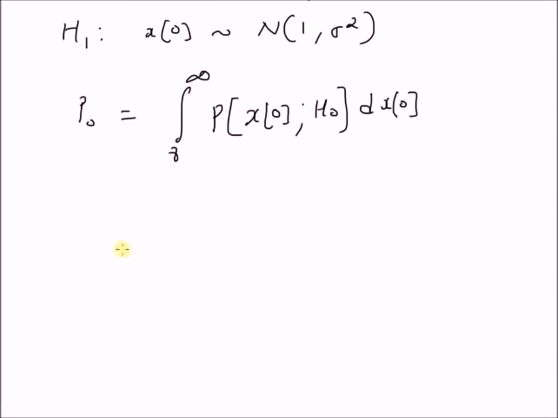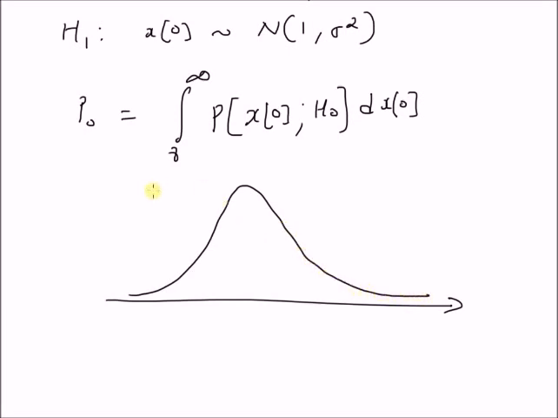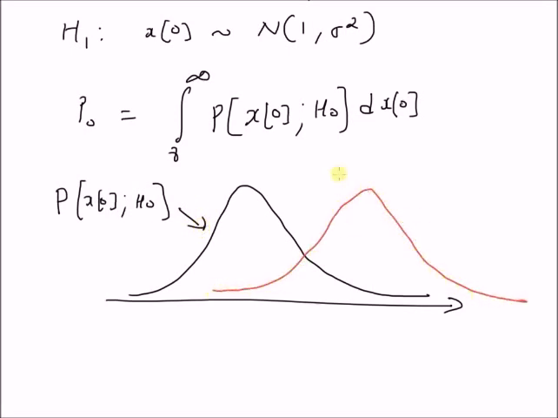Graphically, this can be represented as follows. Assume that this is the probability distribution under the null hypothesis H0, and this is the probability distribution under the alternate hypothesis. Clearly the mean here is 0 and the mean here is 1.